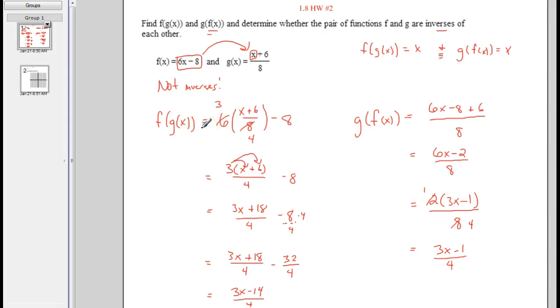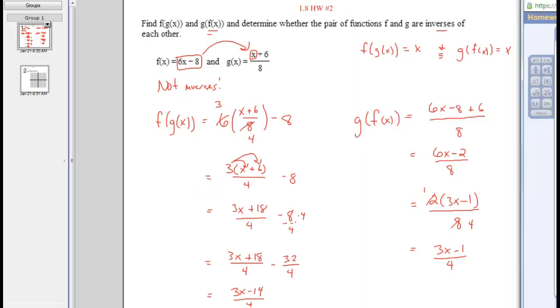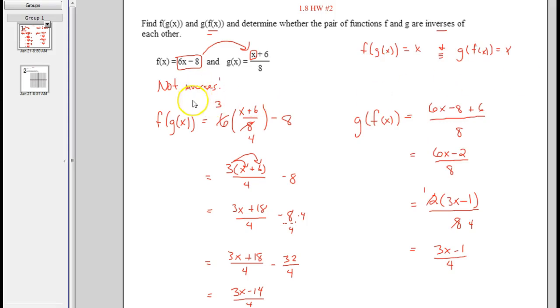But on your homework, you're not asked if they're inverses of one another until part C. So you still have to find, even though I know they're not inverses as soon as I'm done with part A, I still have to go in and find g of f of x because that's part B. So you'll still have to do both, even though we really know that we're not dealing with inverses as soon as we're done with the f of g of x, which is part A in this problem.